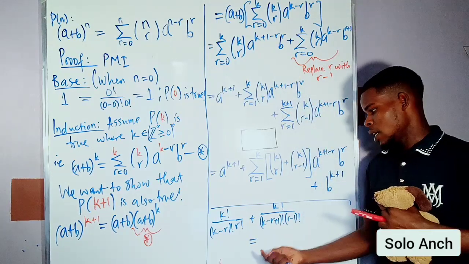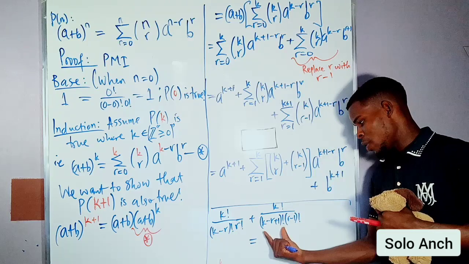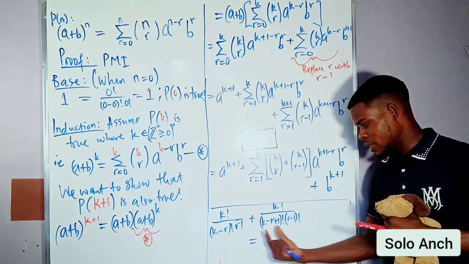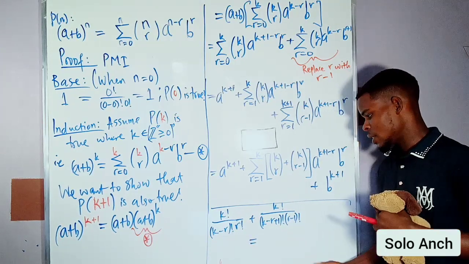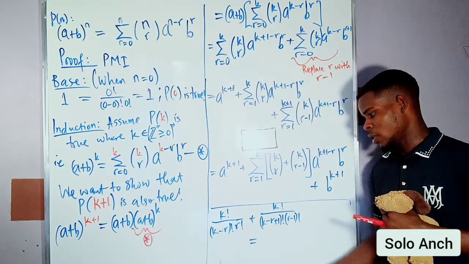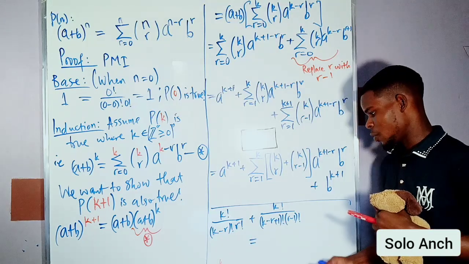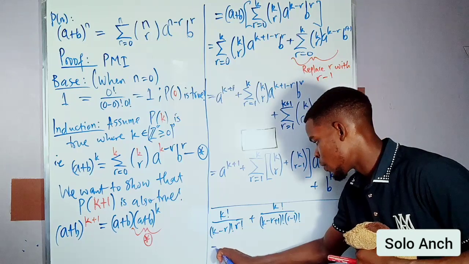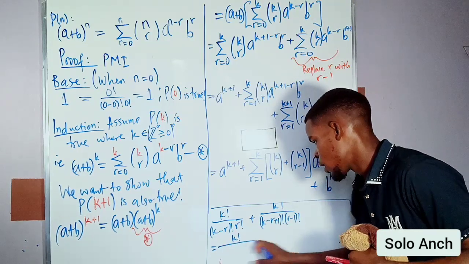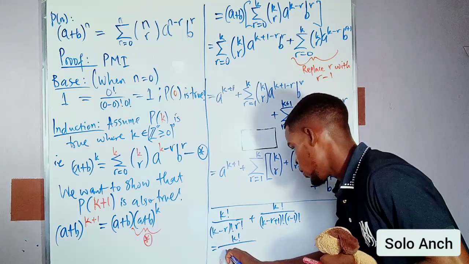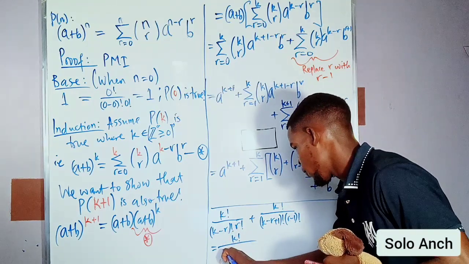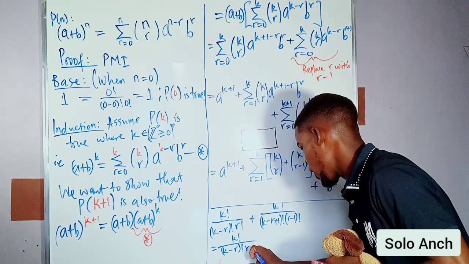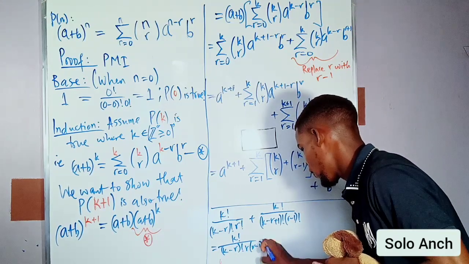Okay, so let's see what this will give us. We notice that these denominators, when we expand this one using the definition of the factorial, we're going to get k minus r plus 1 times k minus r factorial, which will agree with this. Then for this other one, we can expand r factorial as r times r minus 1 factorial, which will also agree with this. So we can write this as k factorial divided by k minus r factorial, then r times r minus 1 factorial.